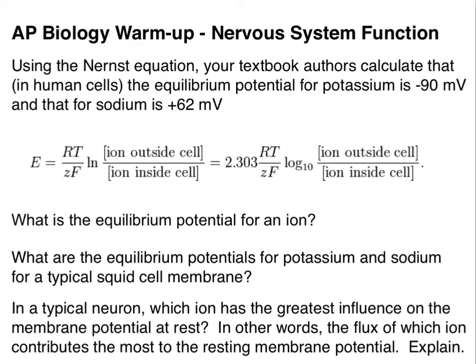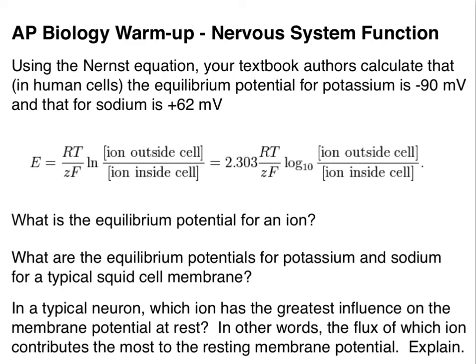This is going to be really important because what that equilibrium potential means is that if by chance we were to set the cell's voltage to a particular value, a particular magnitude, then there would be no net movement of that particular ionic species across the membrane. Thus, in reference to that ion, the cell, if it were set at that equilibrium potential, would not allow for a net movement of ions across the membrane.